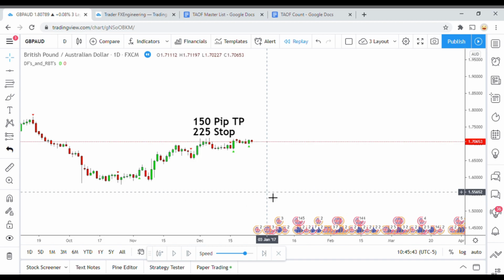All right, so as I said, today's indicator is the deep fractal signals and rubber band indicator. This is a combination of a few different styles of trading kind of combined together.